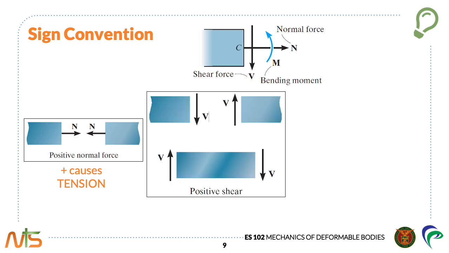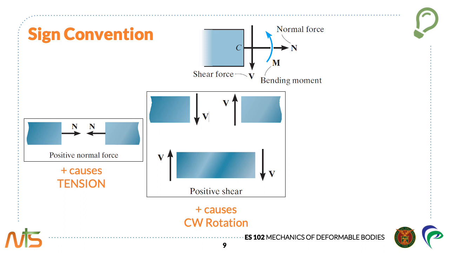A positive shear force will cause the beam segment on which it acts to rotate clockwise. So if we fix this side of the segment, the shear force going downward will cause the segment to rotate clockwise.